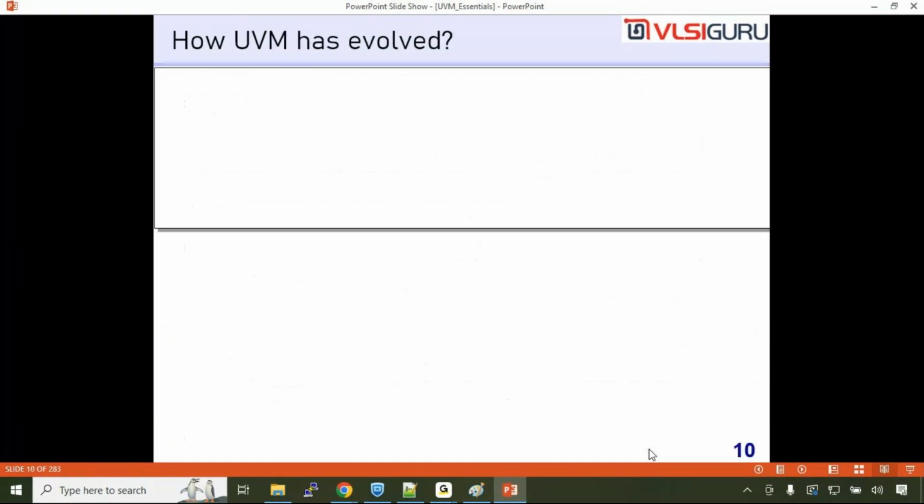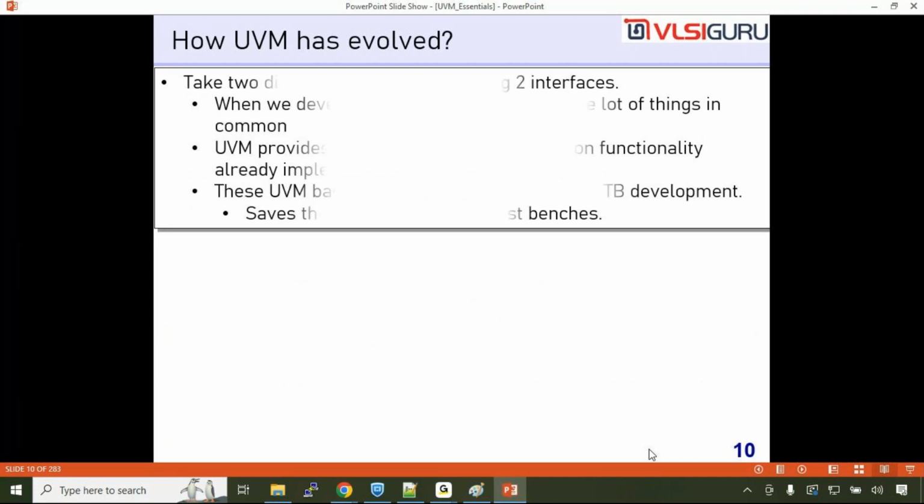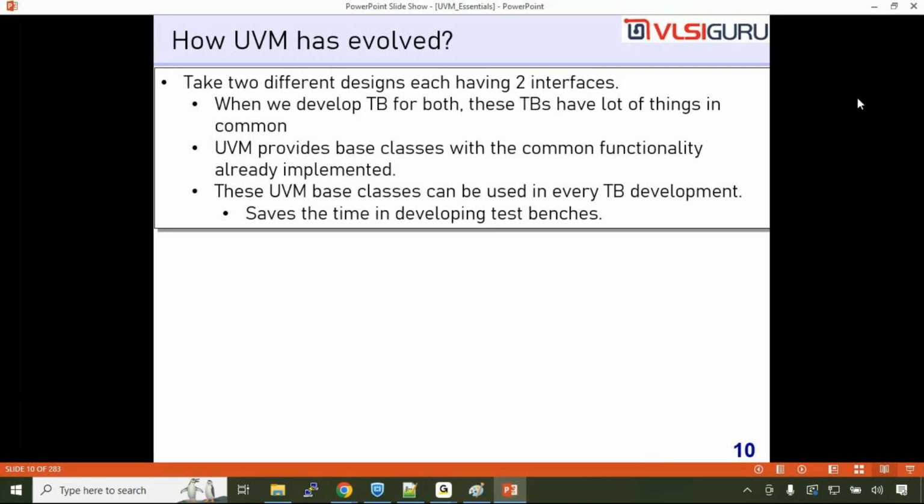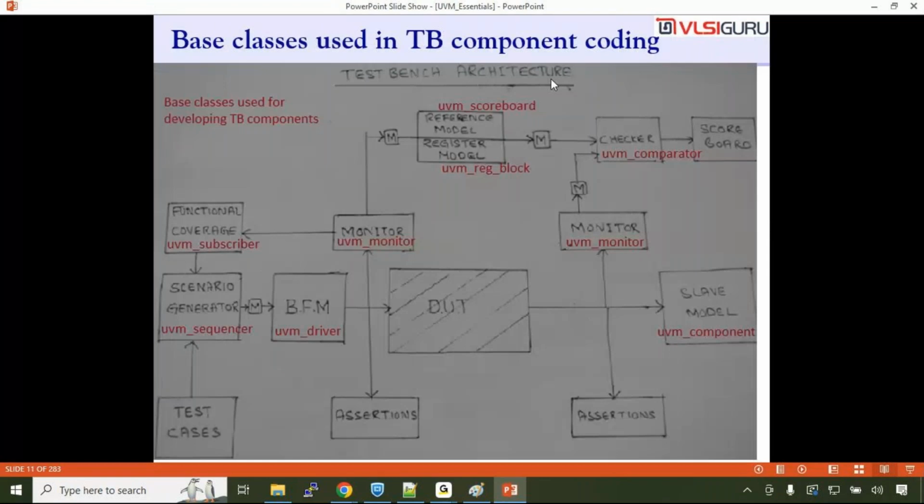Then how has UVM evolved? If you take two different designs, each having two interfaces, how will the test bench look? Something like this: a design which has one master interface and one slave interface. This is how the test bench will look.